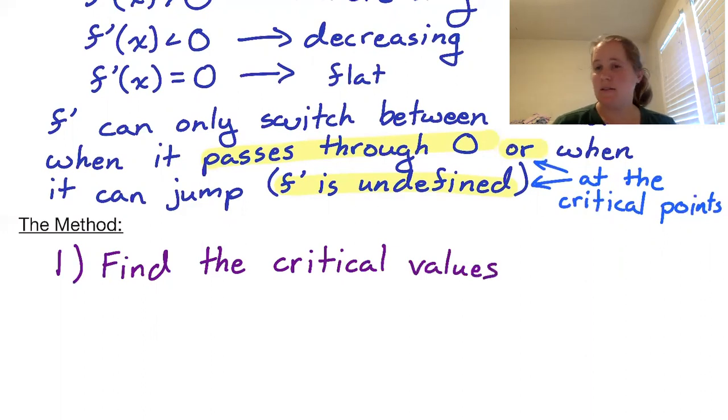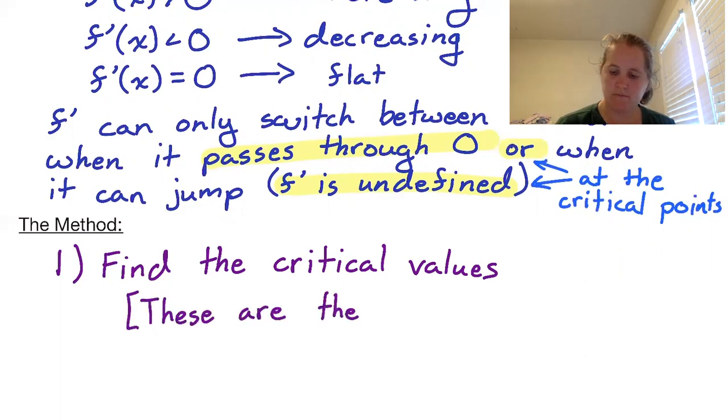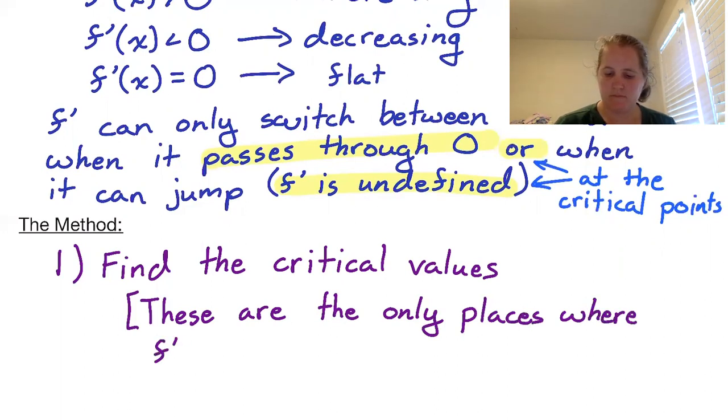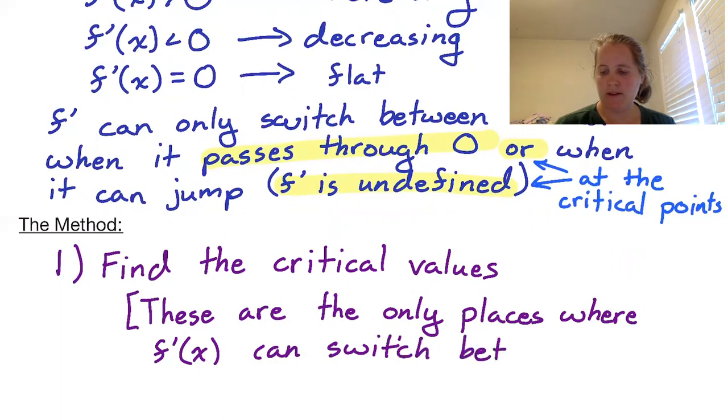Again, these are the only places where f prime of x can switch between positive and negative. And so they're therefore the only places where it can switch between increasing and decreasing.